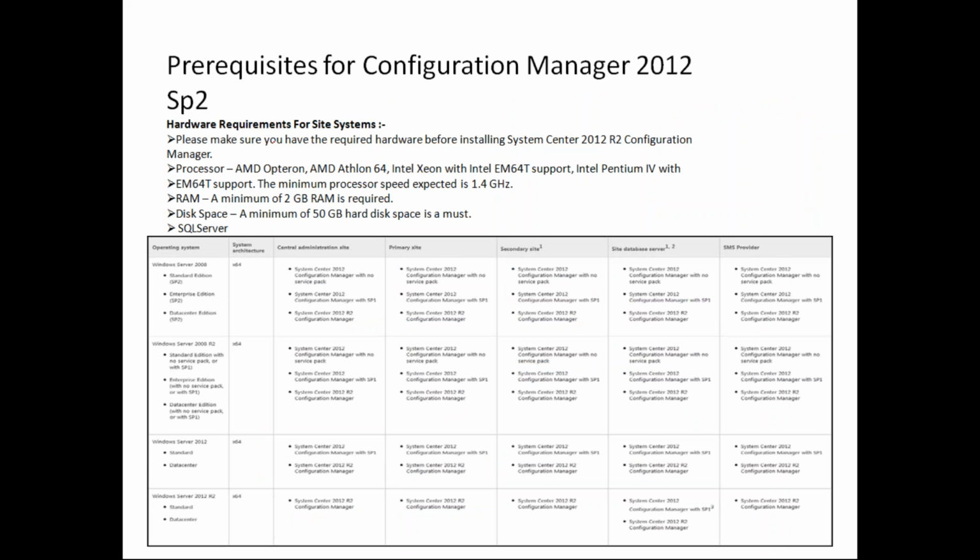Now the prerequisite hardware requirements for a standalone primary site. You need to have the processor, either AMD or Intel, but the processor speed should be at least more than 1.4 gigahertz. RAM, 2 gigabytes of RAM if you are going with a standalone primary site, and 50 gigabytes of free disk space where you are installing your primary site.